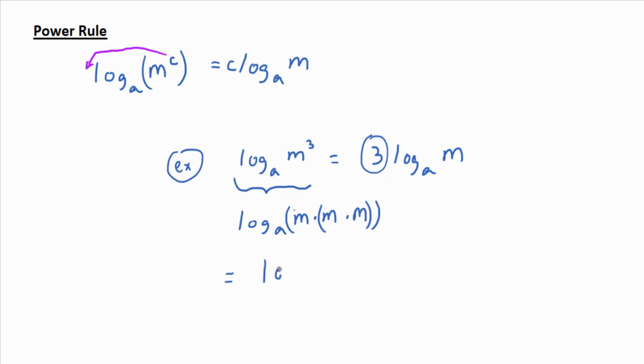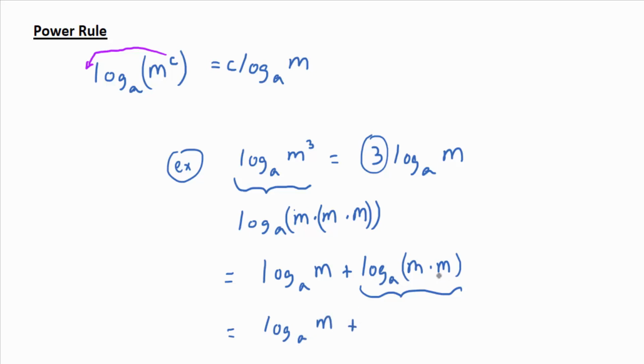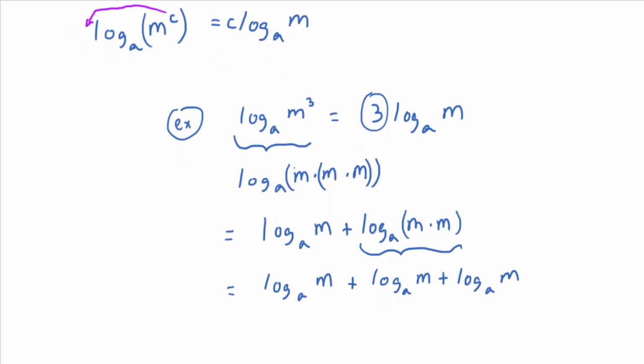If you apply it there, you get log base a of m plus log base a of m times m, or m squared. And then if you apply it one more time here, you still have this log base a of m out in front, plus this guy becomes log base a of m plus log base a of m again. Just applying the product rule twice, we get that.